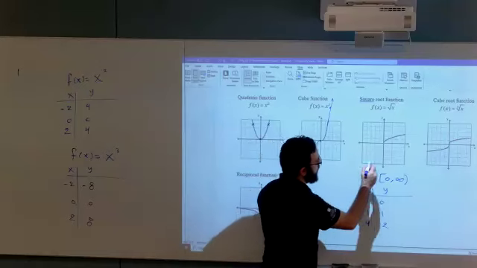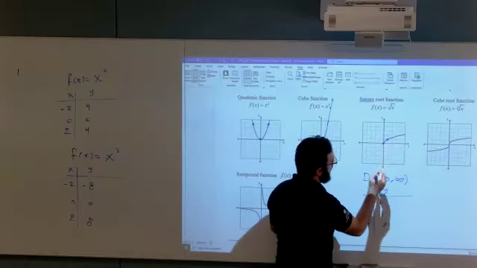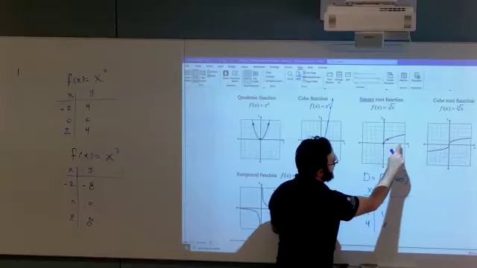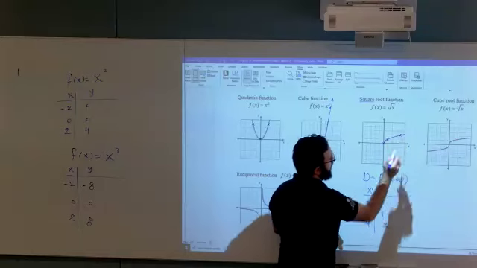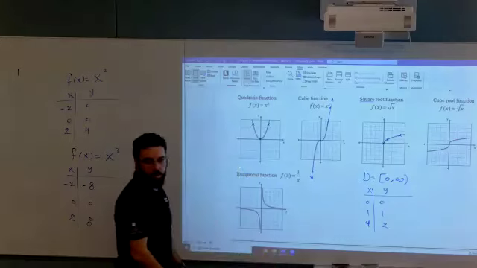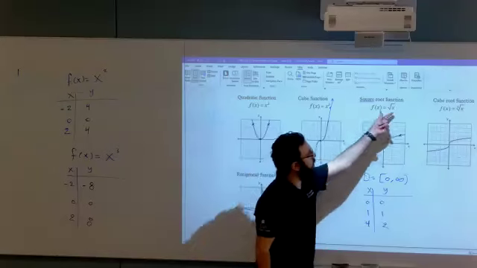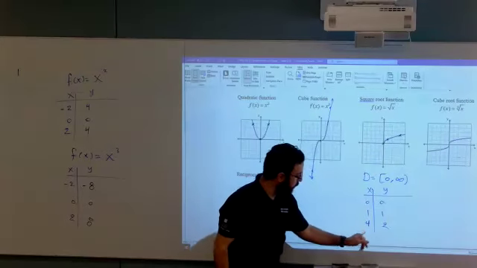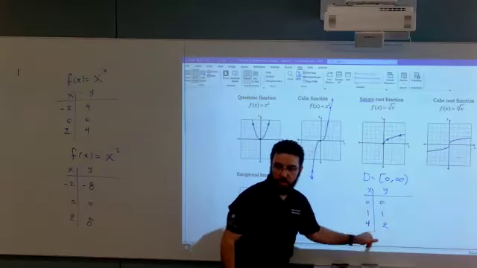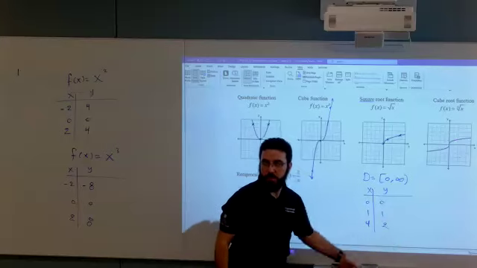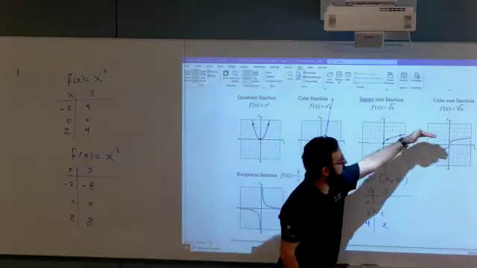So 0, 0 is going to be here. 1, 1 here. With the 4, 1, 2, 3, 4. How is it going to be? Exactly. So when they ask you to graph this function, you can choose these points. You can choose 9 and 3. The square root of 9 is going to be 3. It's going to be the same, it's just that the graph is going to be longer.